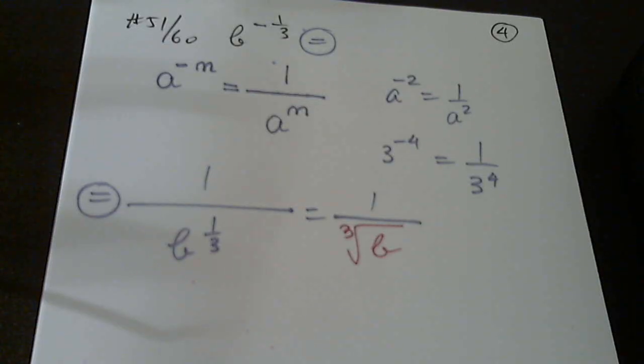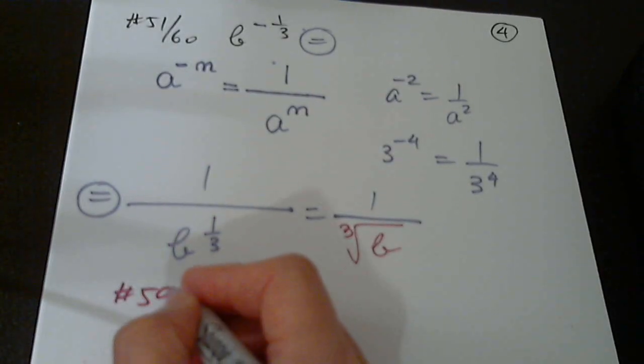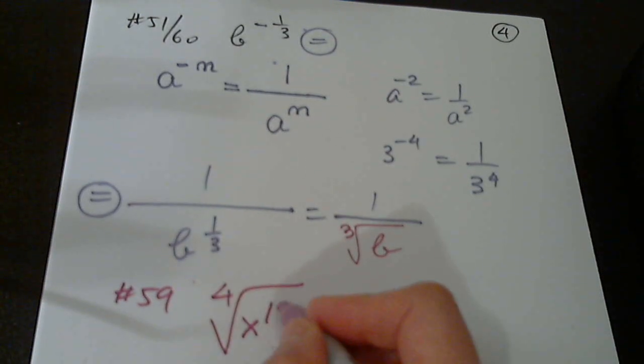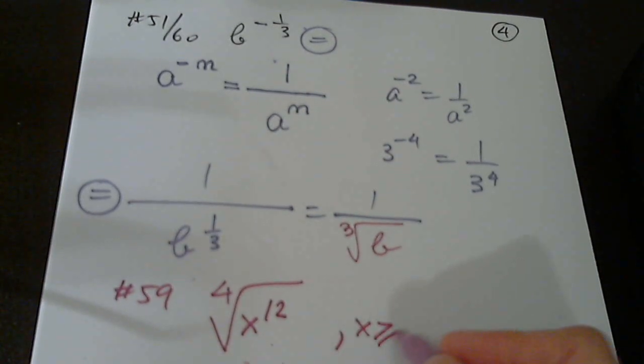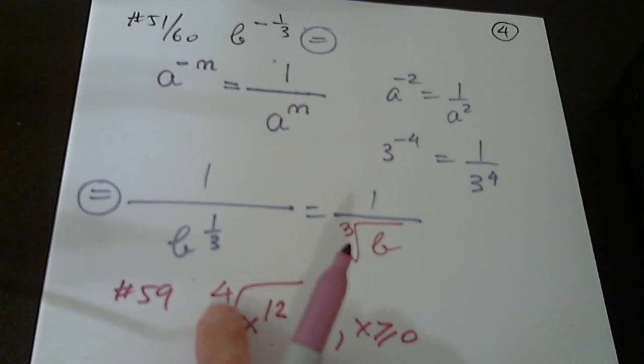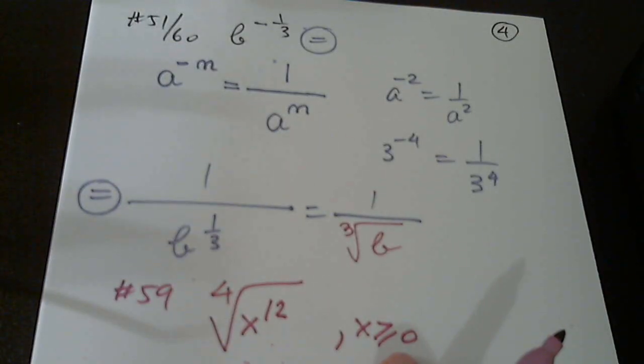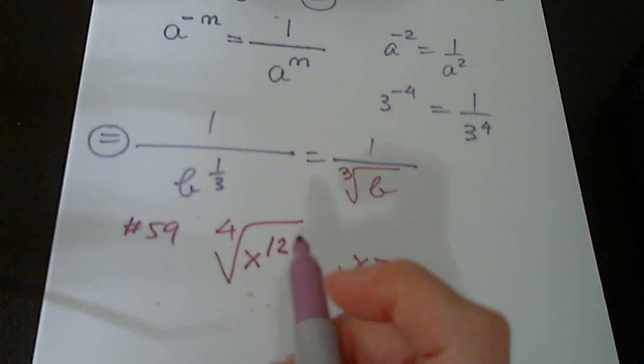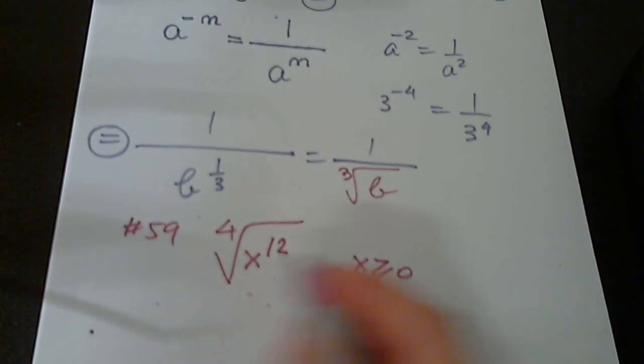You do 59. I was just looking at 59. This is so good. So the 4th root of x to the 12th. Notice that they are already telling us, don't worry about the domain. It's secure. It's an even index, and x is positive or 0. We're safe.